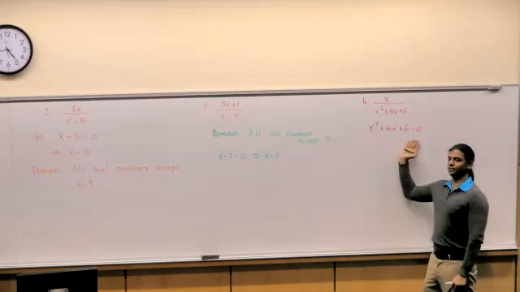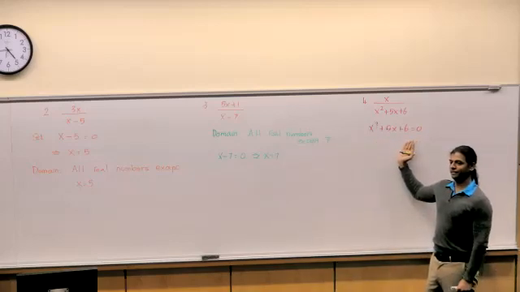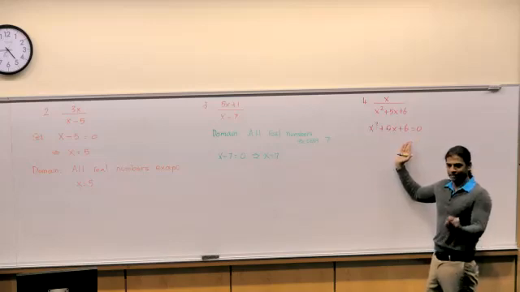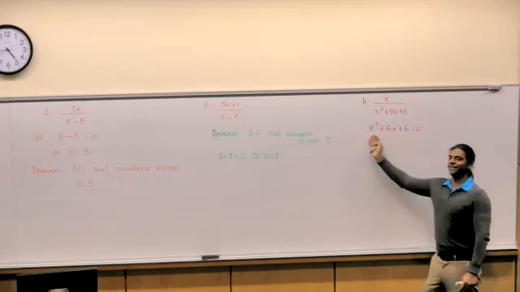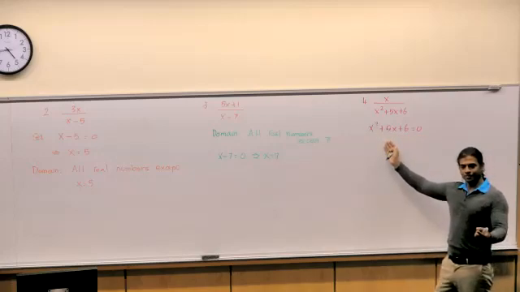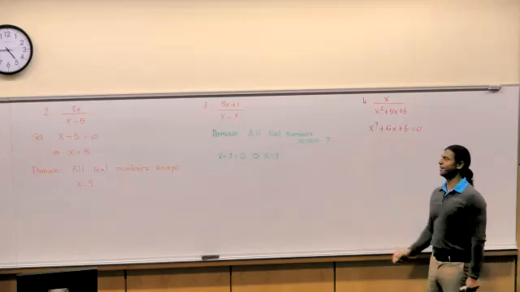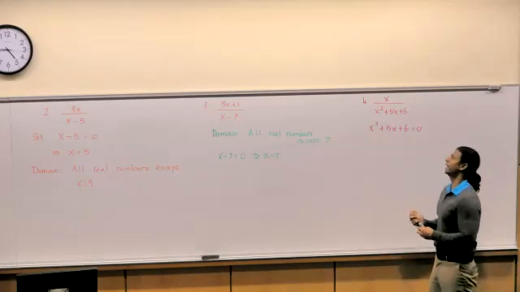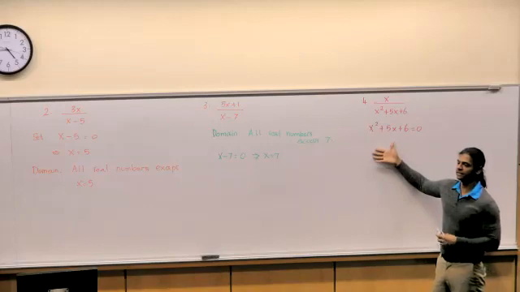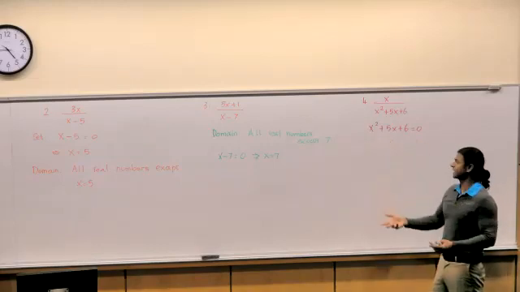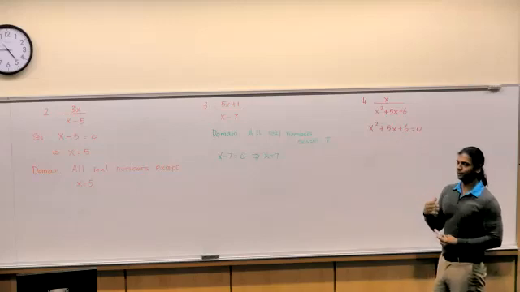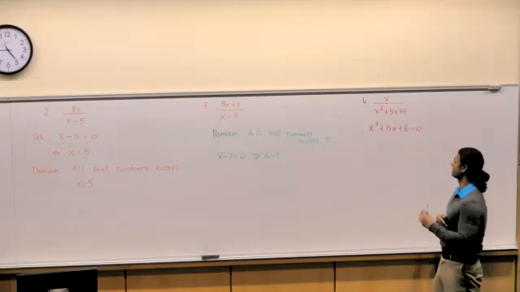What is that called? Well, this is a polynomial, but this entire thing, is it a quadratic equation? It's a quadratic equation. Last time, how did we solve a quadratic equation? Well, we solved it if we can factor.